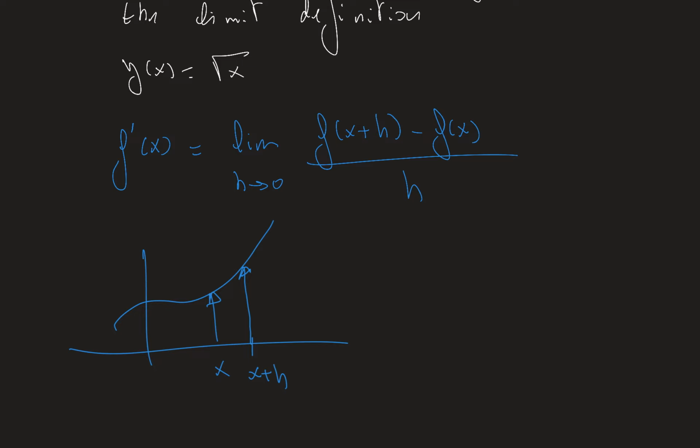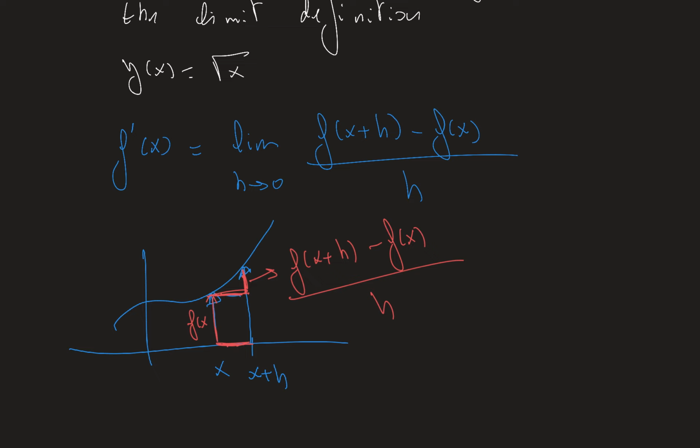The rise is this part: f of x plus h minus f of x. The run is h, because from x to x plus h, the distance is h.